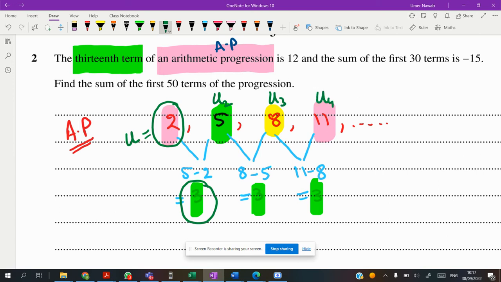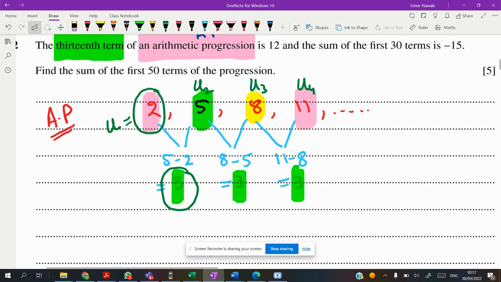U4 to represent the 11th term. The things which we need to know in the sequence: the formula of a sequence means the term which will appear at the nth place. So we write it as Un.